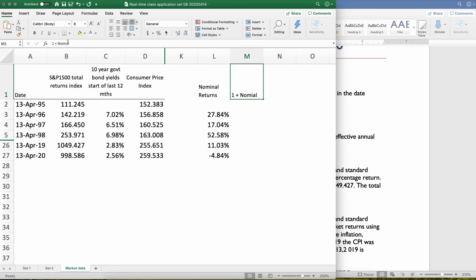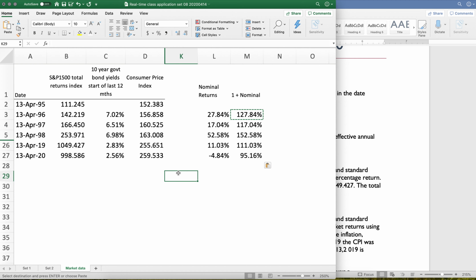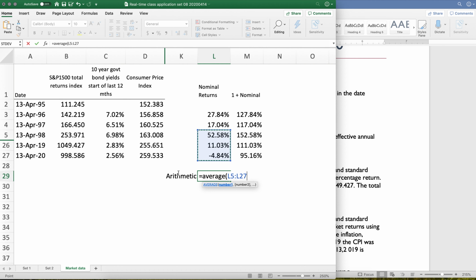Oops, 1 plus nominal. We're going to need that to get the answer. Okay, the arithmetic is just going to be the average.